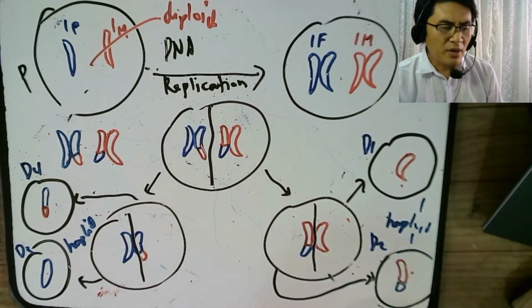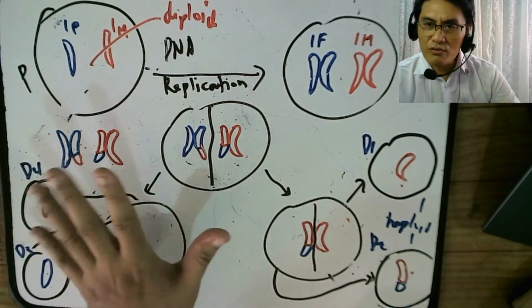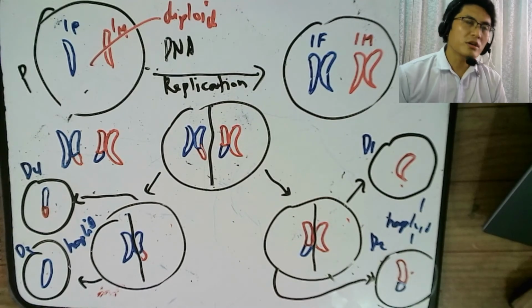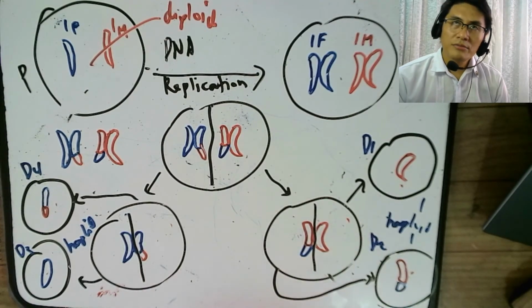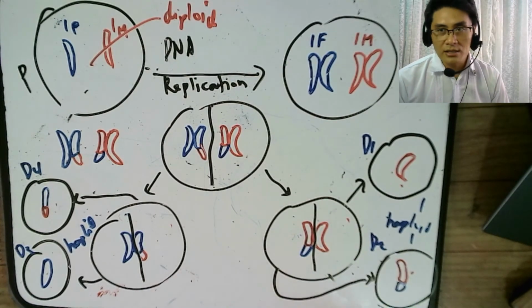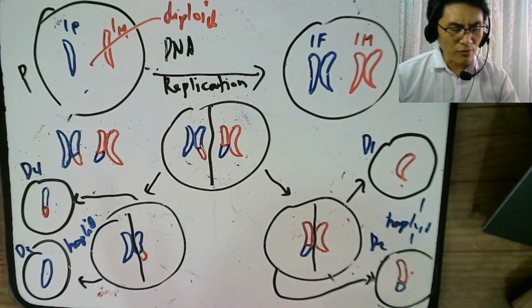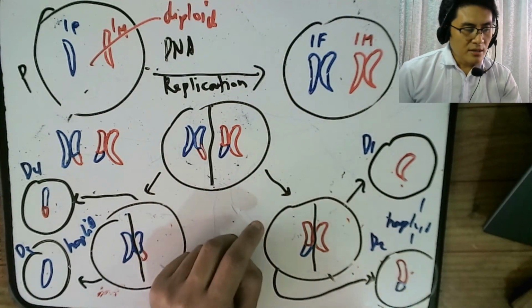Think about it again: if they did not cross over, then sperm cells would be identical, egg cells would be identical, and there would be less variability in your family.